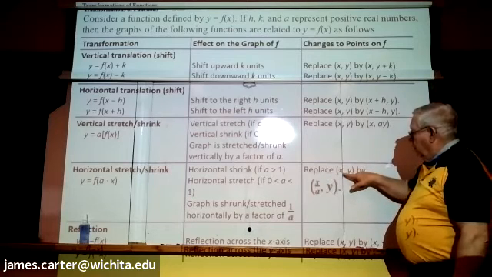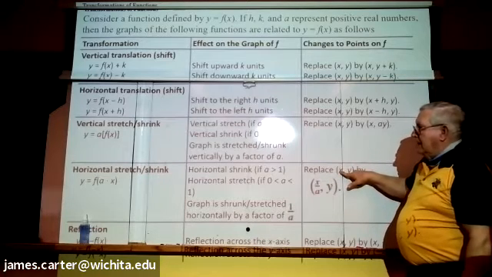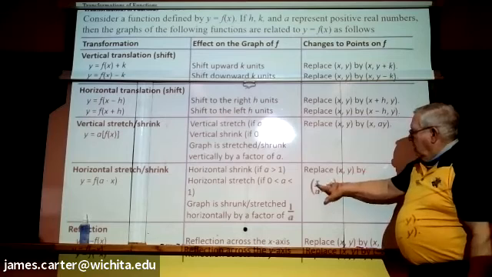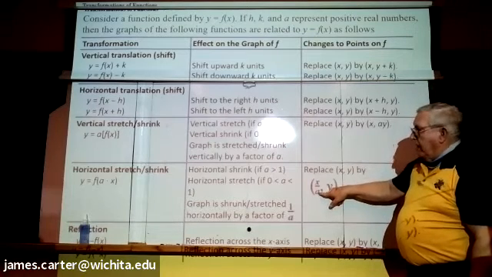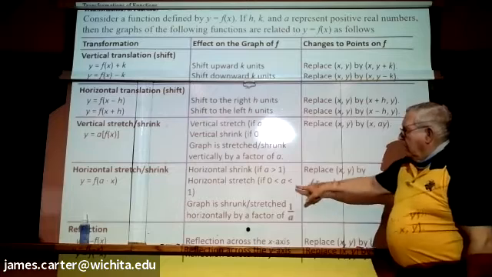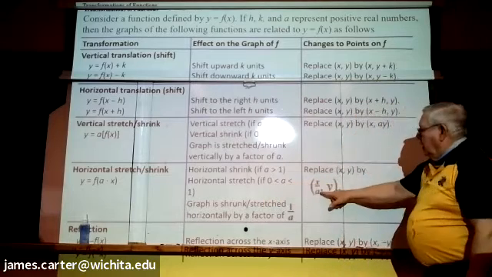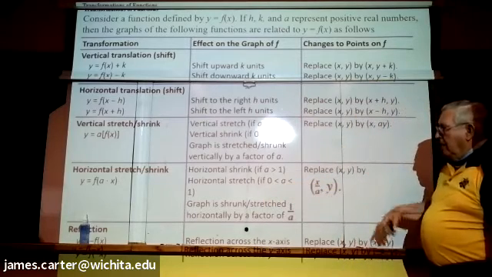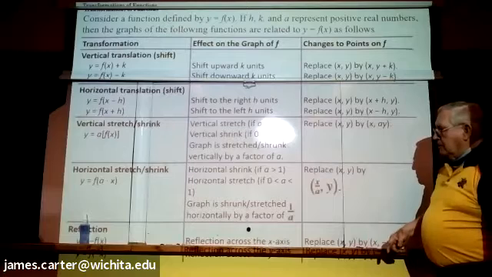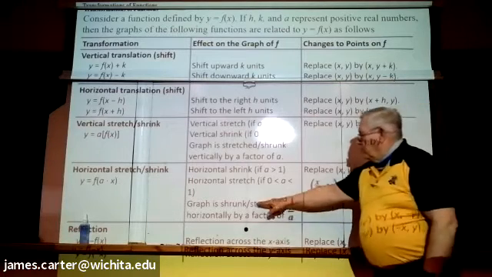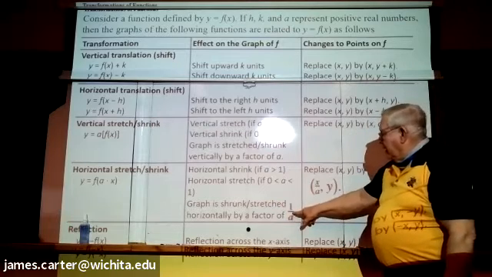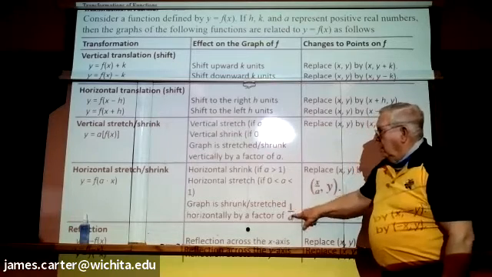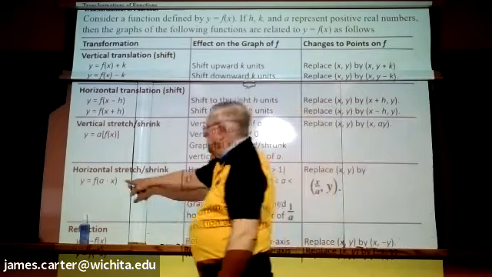Notice we are replacing the x in this case with the reciprocal of a. If it's a fraction, then I would have a times x. Okay, so the graph is shrunk or stretched by the reciprocal of whatever this a is.